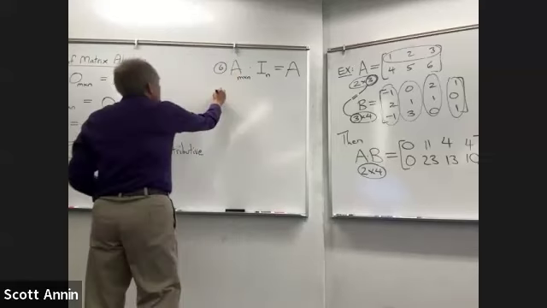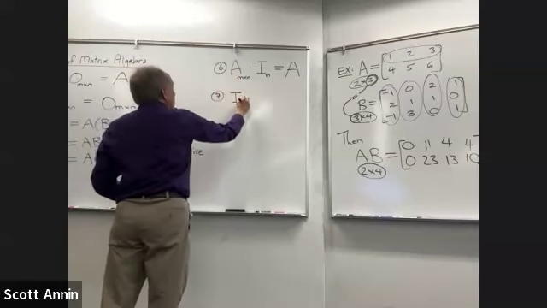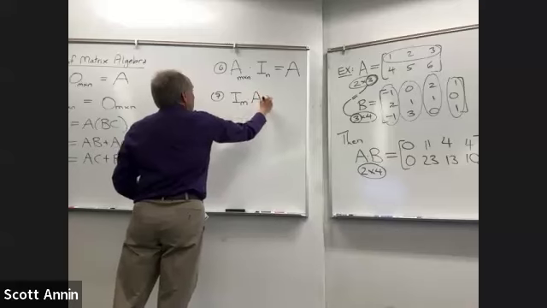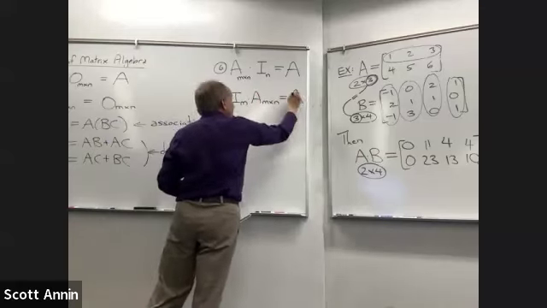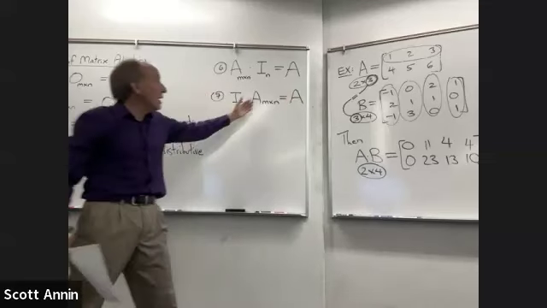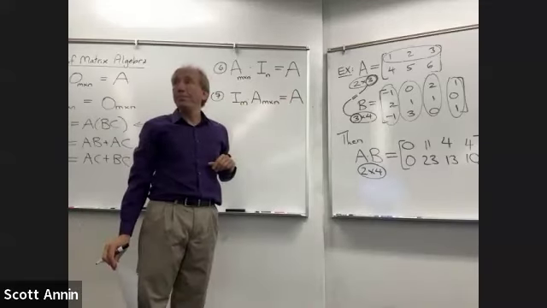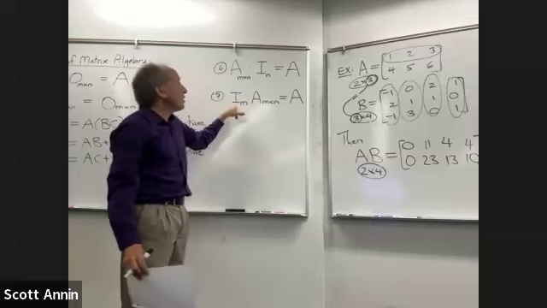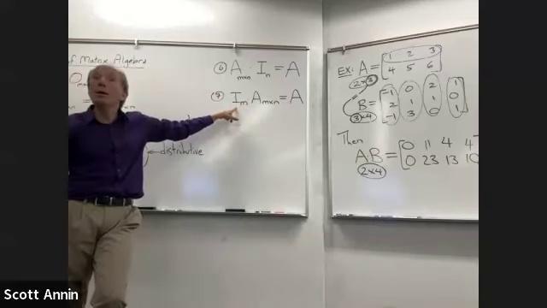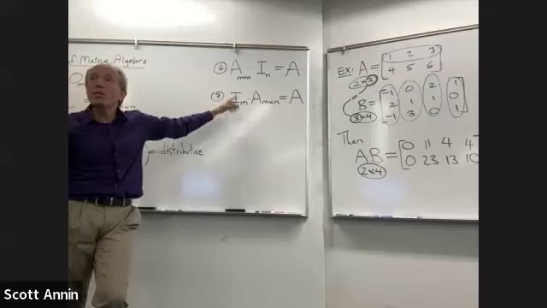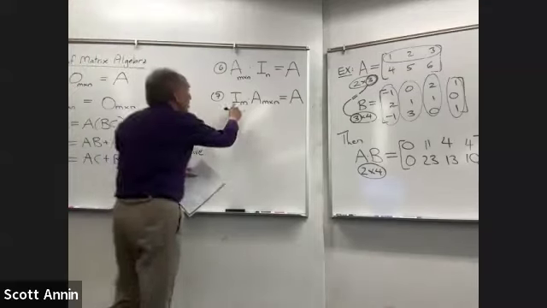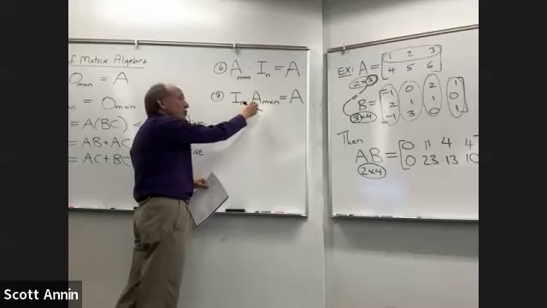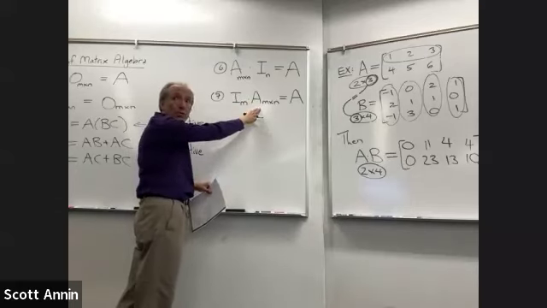And actually you can put it on either the left or the right. So number 7, if we had an M by N matrix A and we left multiplied it by the identity matrix, we again would get A. Notice here I wrote it as I sub M. This is to make sure the sizes work, right? The number of columns of the first matrix has to match the number of rows of the second matrix.